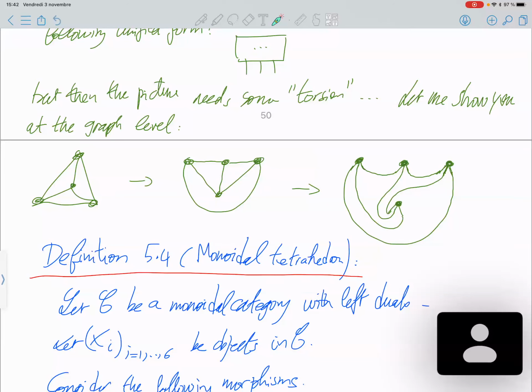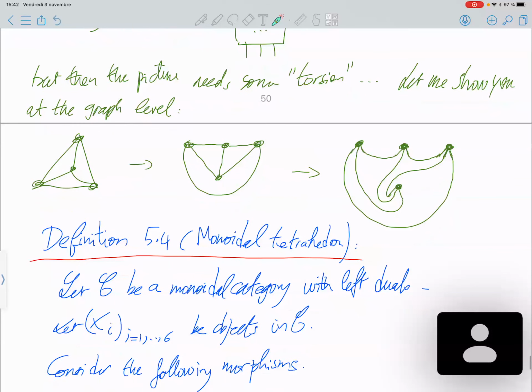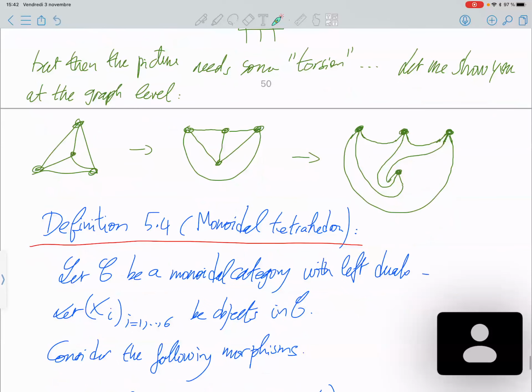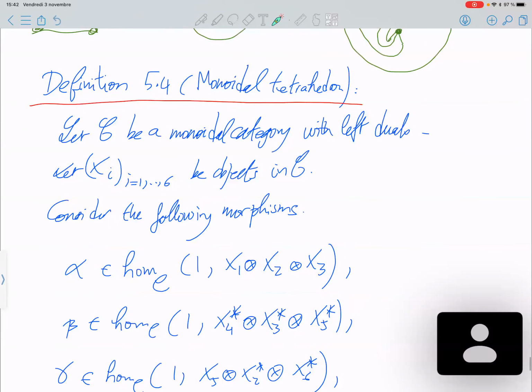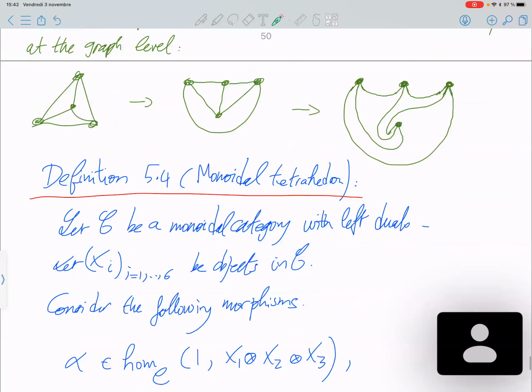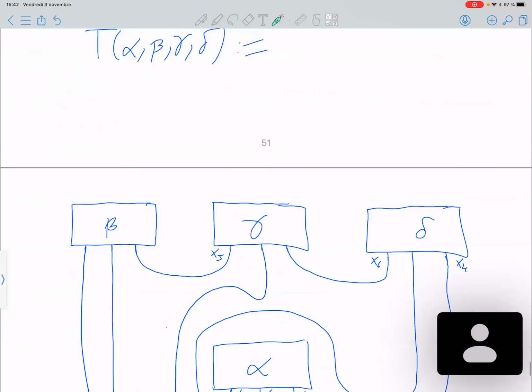So what we want to prove here is that this model is invariant by this A4 symmetry in some sense.